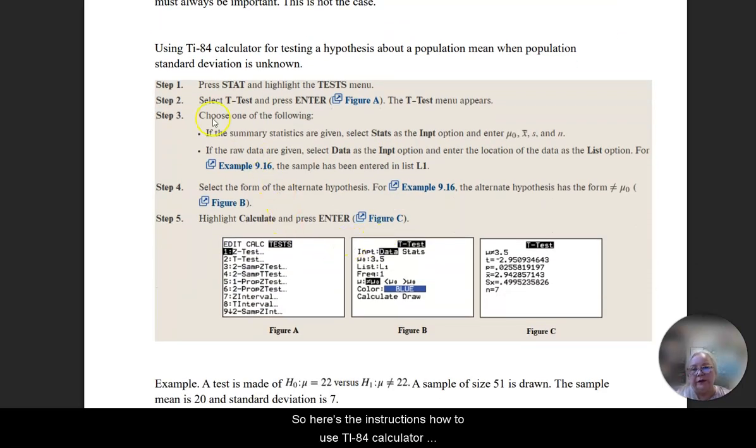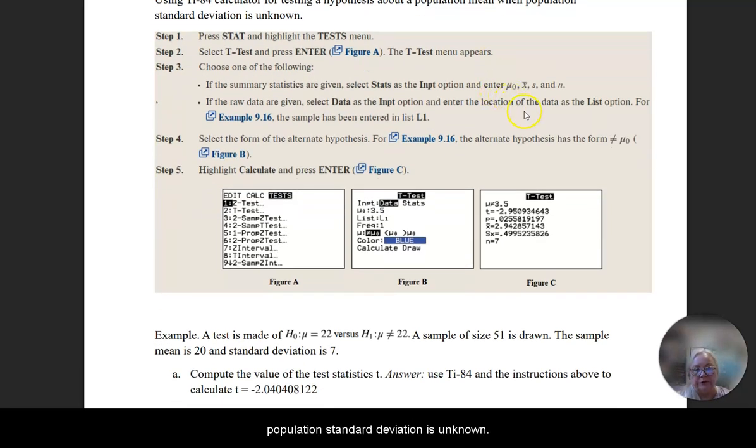So here are the instructions on how to use the TI-84 calculator for testing a hypothesis about a population mean when the population standard deviation is unknown. We press stat, then the test menu, then select t-test, it's over here, number 2.